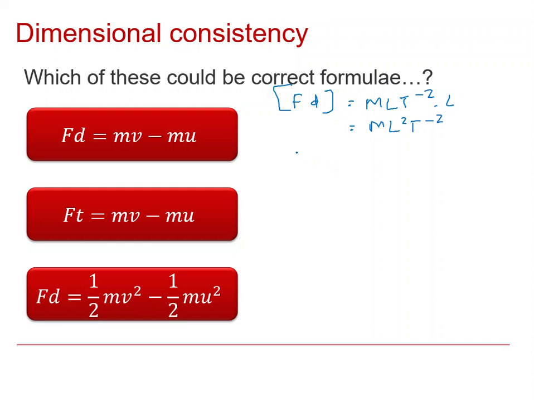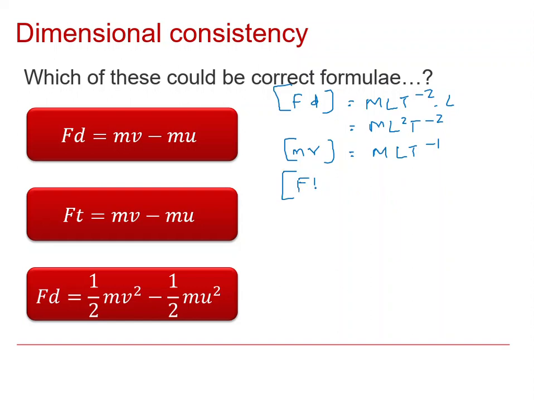The second term that appears is mv. That's equal to mass times velocity, so that's MLT to the minus 1. mu would be the same. We should strictly write it down, but I'll save space by remembering that it's the same as mv.